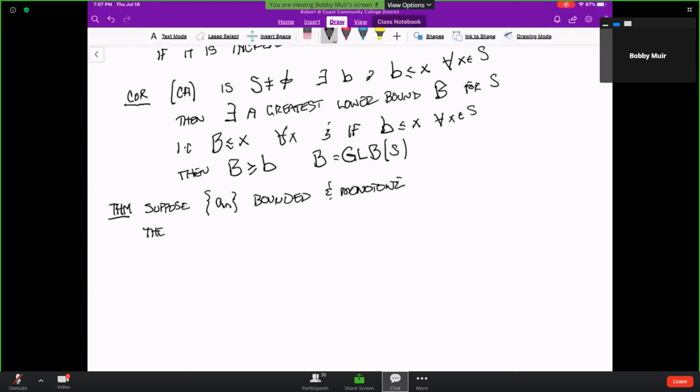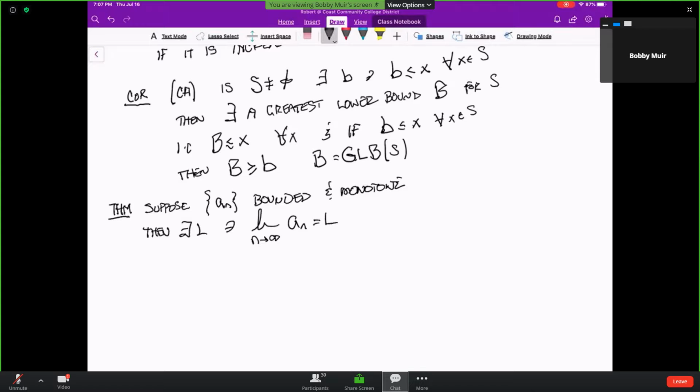Then there exists a number L such that the limit as n tends to infinity of AN is equal to L. Okay. So a bounded sequence that's monotone is always going to have a limit.